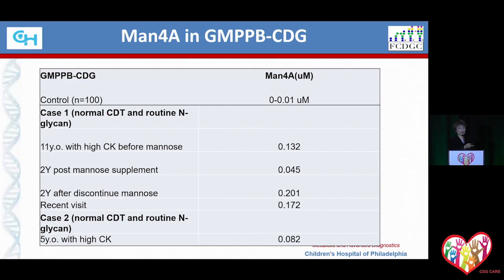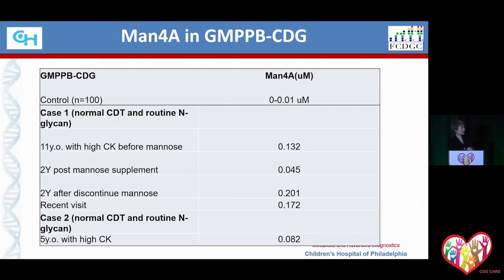The girl grew up and went to college and then stopped taking the mannose, of course. Then she got into trouble and came back and was tested again, and her level went up. At the more recent visit, she's still not on mannose, and her level is consistently up. So we're very convinced that this is a good biomarker for GMPPB.